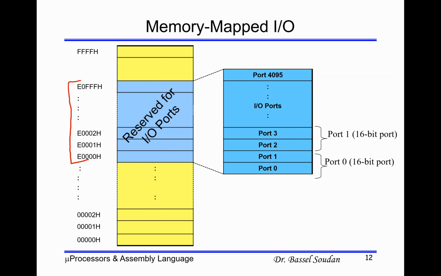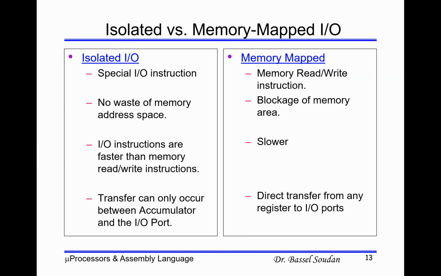To cut the long story short, we need to do a comparison between the isolated and the memory mapped. There are 4 regards that we have to know by heart as a comparison between the isolated I/O and the memory mapped I/O. The first thing is the special instructions.